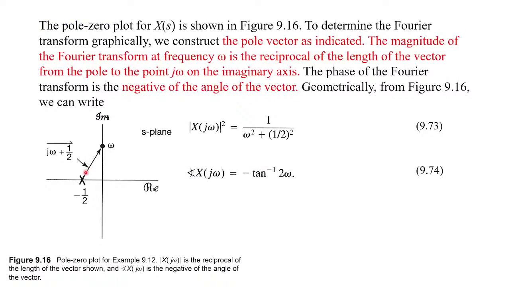And now you can just look at the magnitude and the angle of this vector. You see that the magnitude of this thing is going to be smallest when your omega is right here, because that's closest to this pole. And so the magnitude starts from infinity when your omega is very negative, and then it is decreasing.